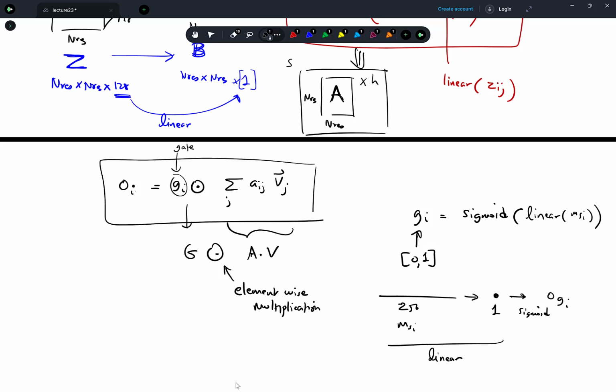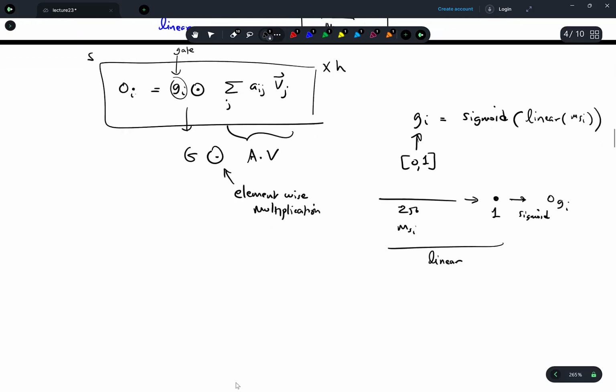Now this is happening per head and for each S, so I basically have one output vector per S per head. Now all we do is concatenate them all together, so now a final M_S_i tilde, meaning the MSA rep.